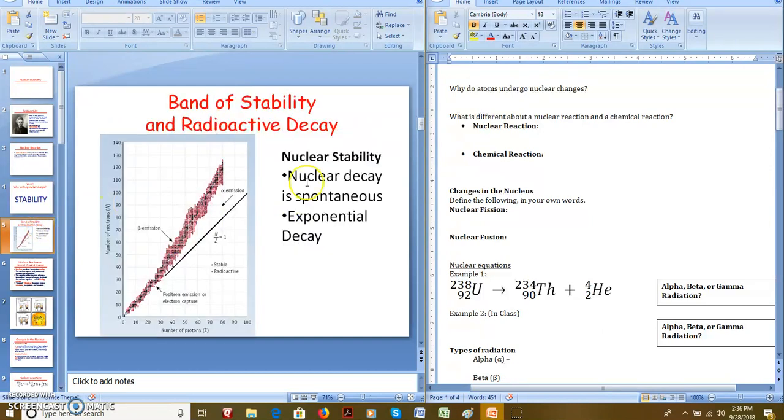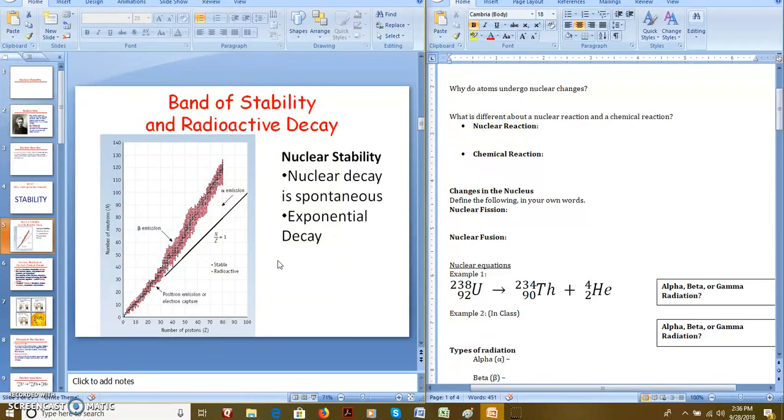And when you're looking at radioactive decay, nuclear decay, that breaking apart is spontaneous. You don't have to do anything to an element in order to get it to decay. It'll happen by itself naturally. Every single element does it, but some of them do it faster than others. Uranium and plutonium do it rather quickly, and that's why we use them for nuclear energy and stuff like that.